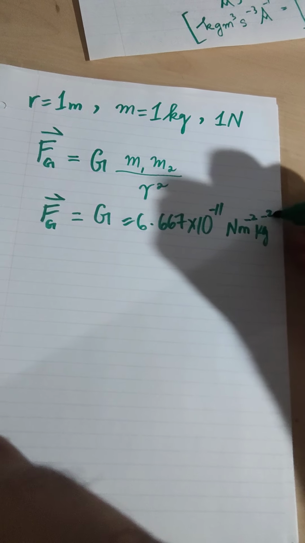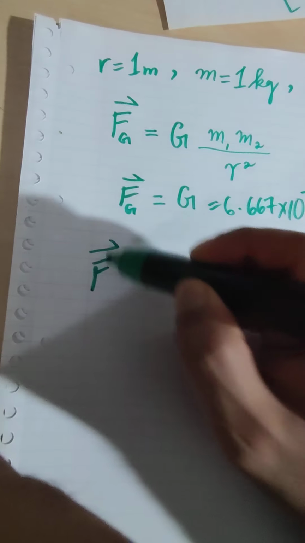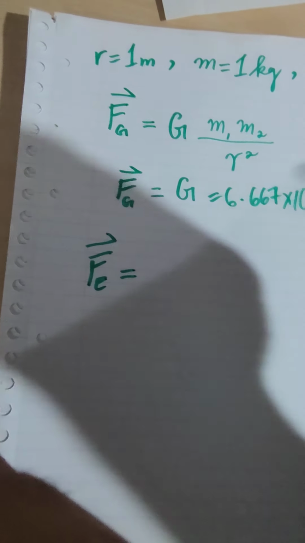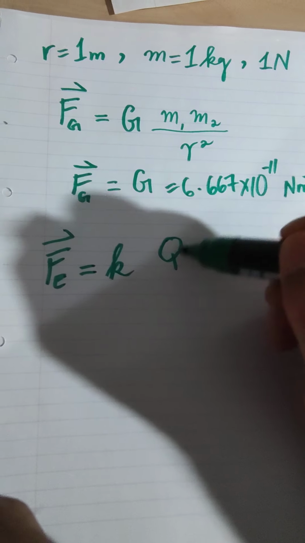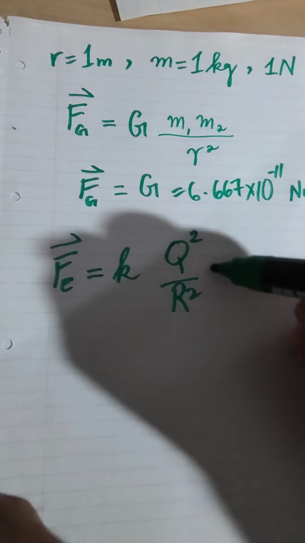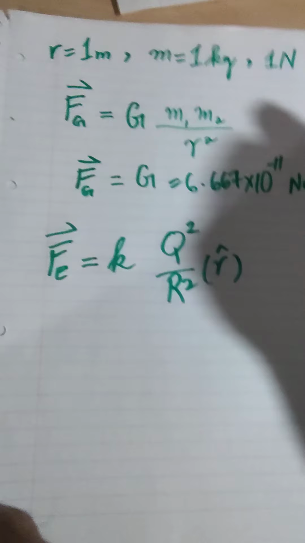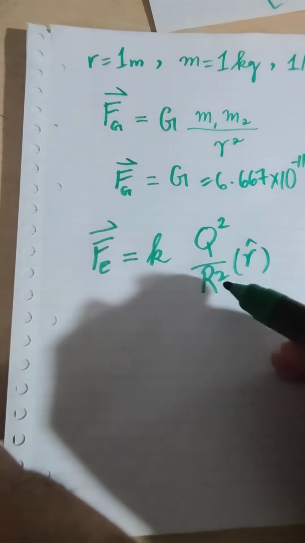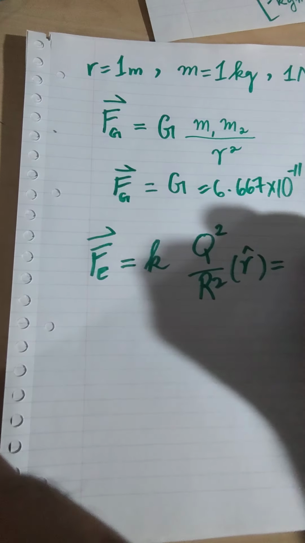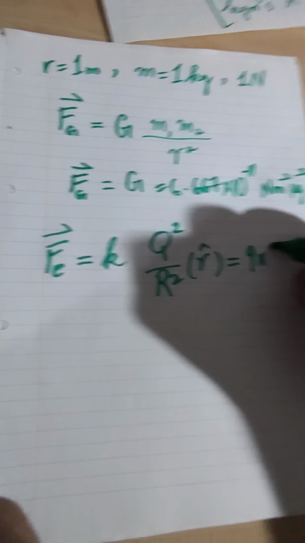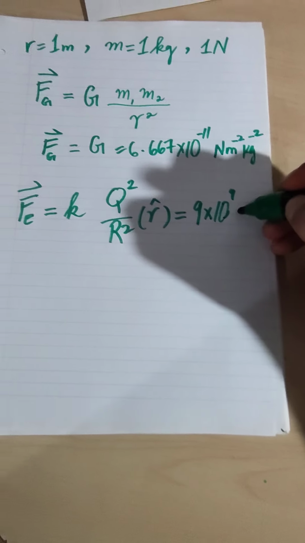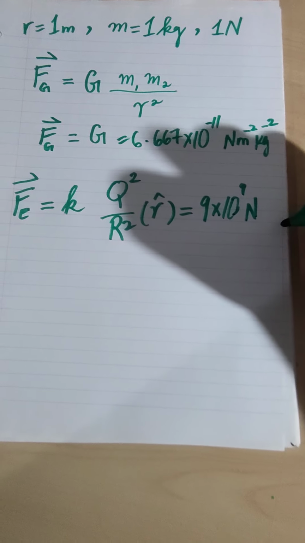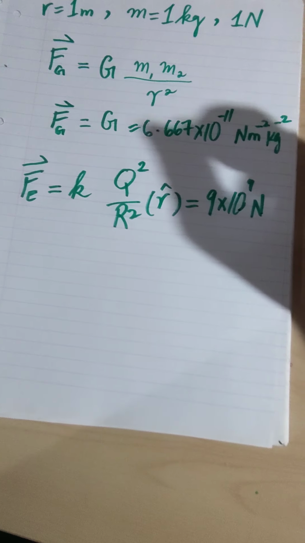And then you'll do electrical force, k q1 q2 over r squared, with 1 coulomb each, and you end up with 9 billion newtons.